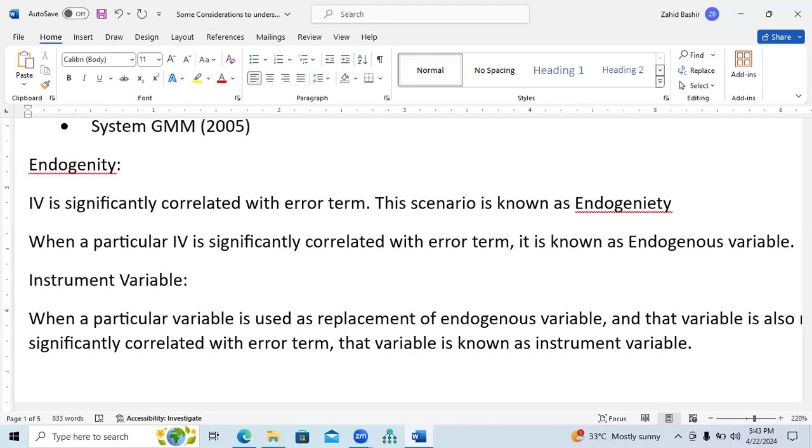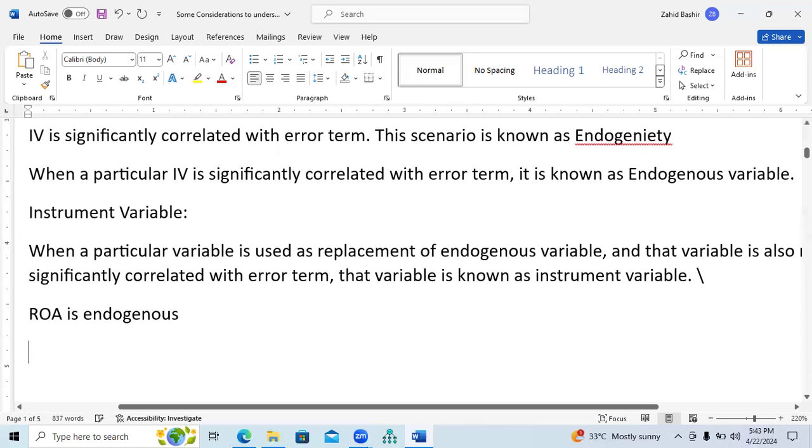So for example, let's suppose that in your model, ROA is considered an endogenous variable. It means that in your model, ROA is significantly correlated with the error term. So we need to provide some replacement. Let's suppose we consider ROE as a replacement of ROA. Always remember that your instrument variable would be the replacement of your endogenous variable.